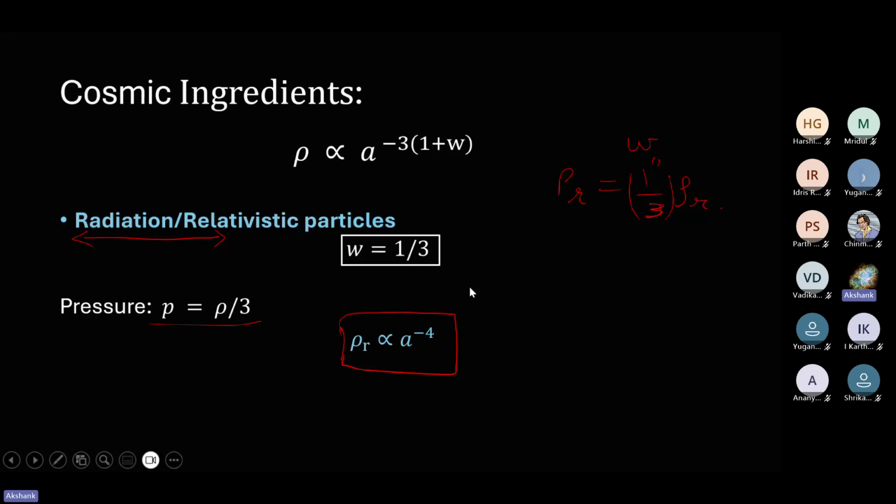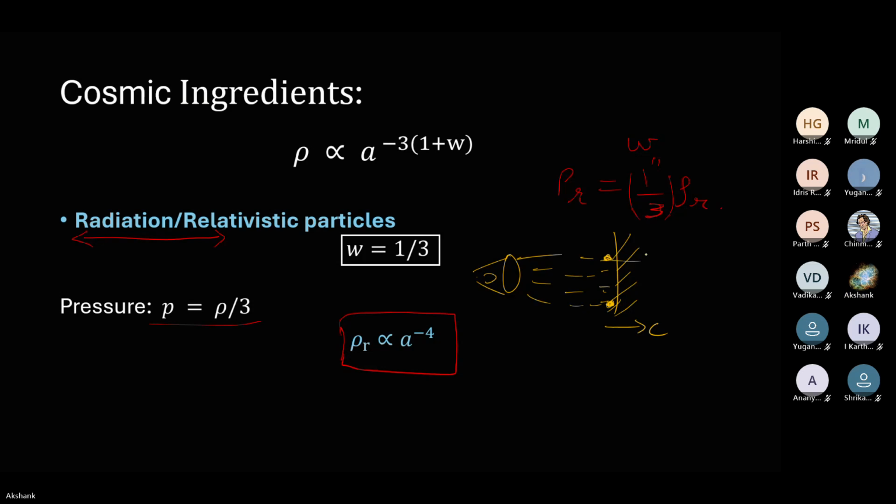radiation. You have studied radiation pressure, right, Idris? If you have a surface and you have light producing photons which are hitting this surface, these photons are moving with velocity c, so they have some momentum. What is the momentum of radiation?